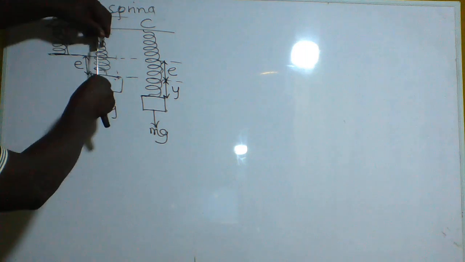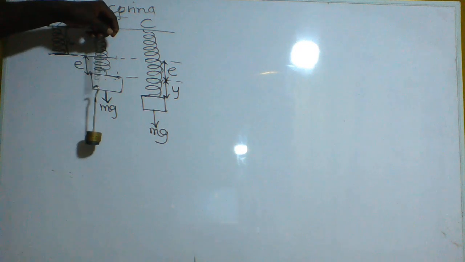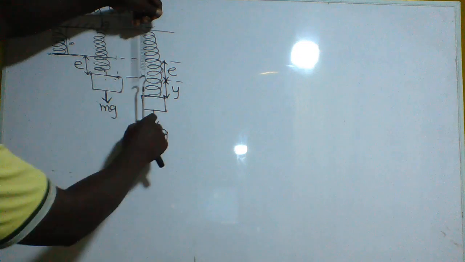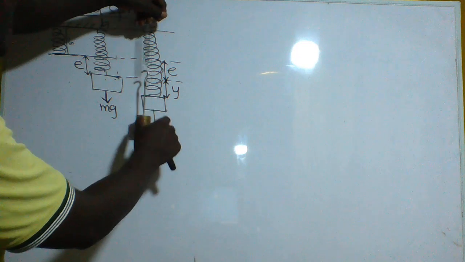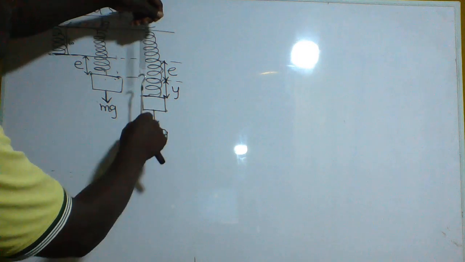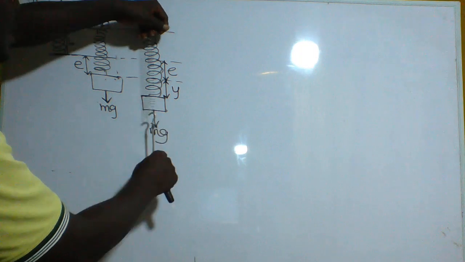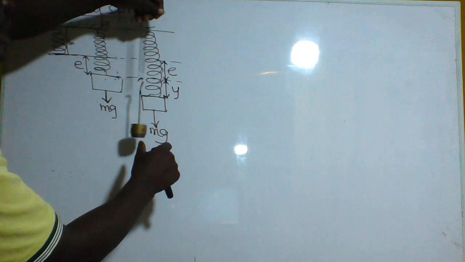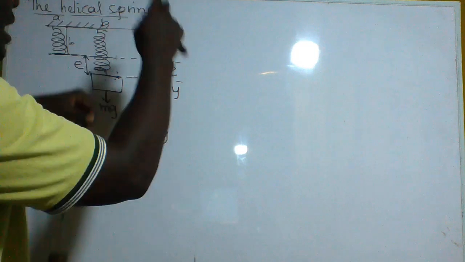So this is A: when there's no load. B: when we attach a load, by virtue of the weight of the object, there is an extension e. Now C: the object is displaced by stretching it. When the spring is stretched and then left, there is oscillation at a higher amplitude.